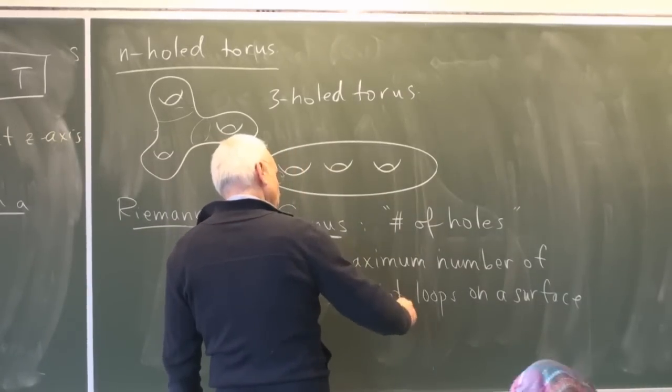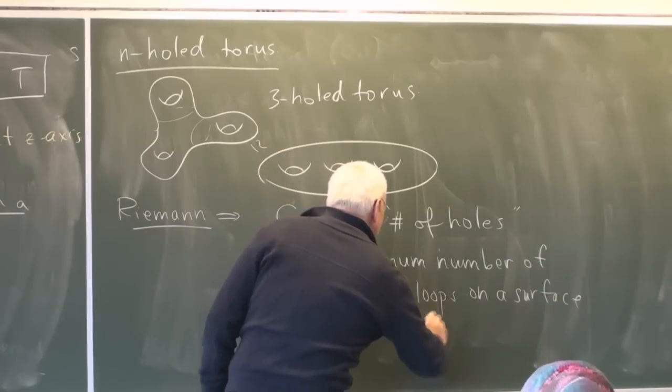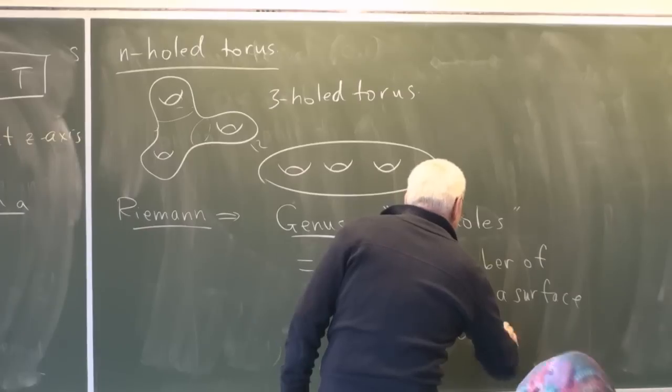Maximum number of disjoint loops on the surface which do not disconnect.